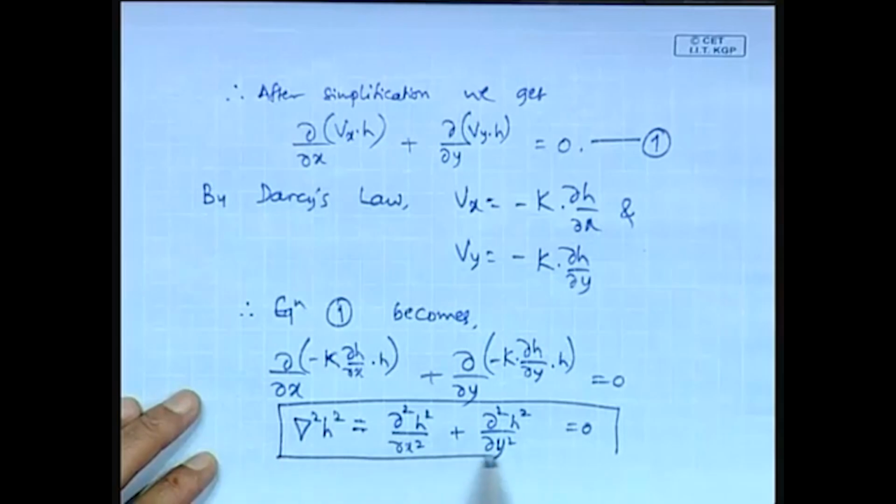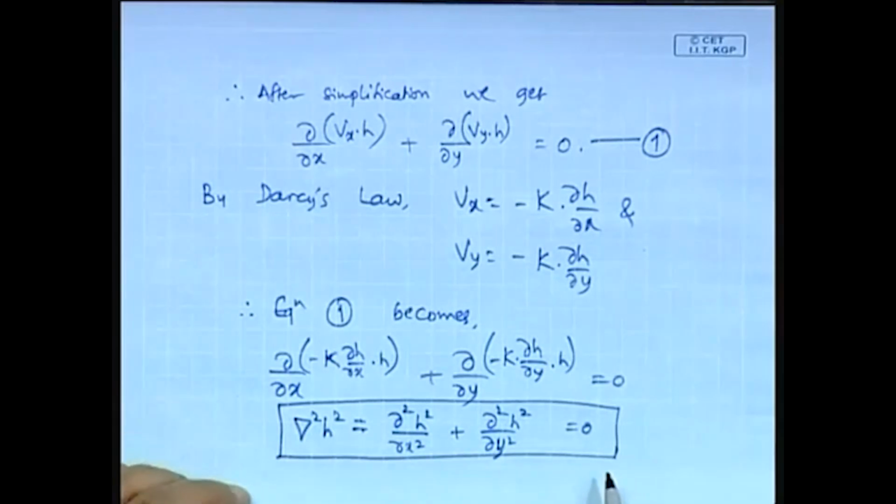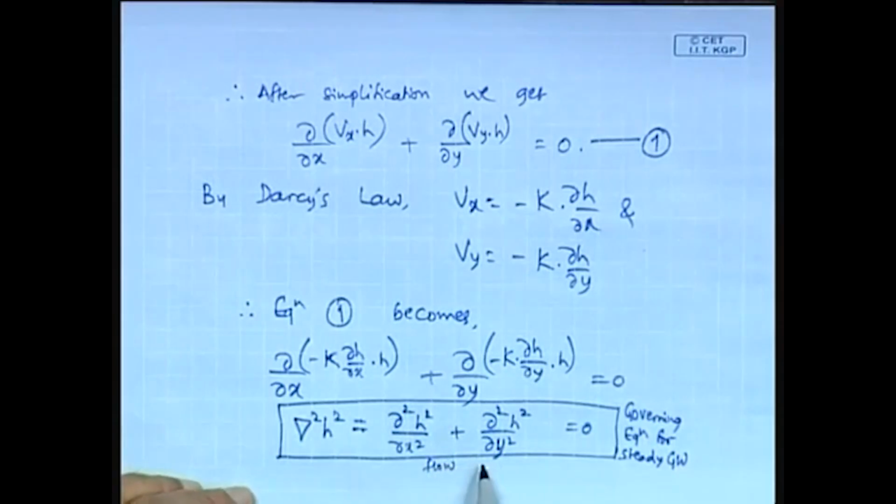So, this is the governing equation for steady groundwater flow through unconfined aquifer.